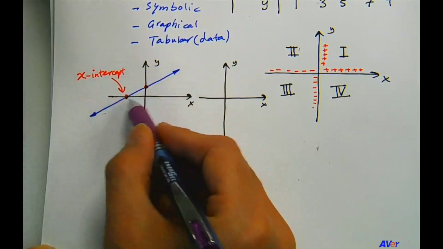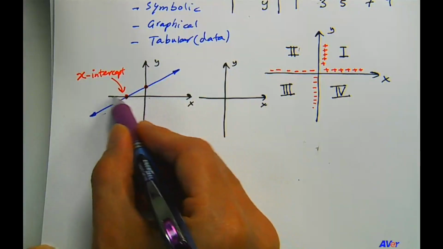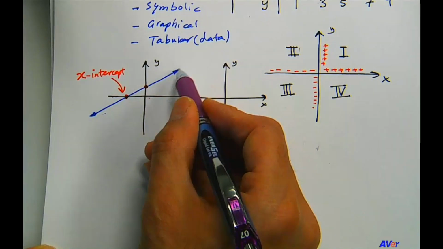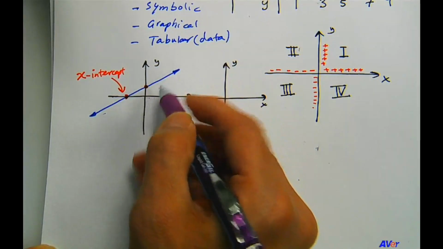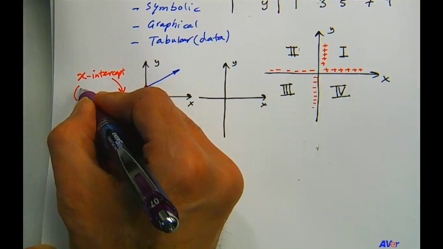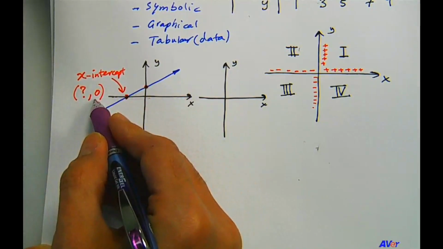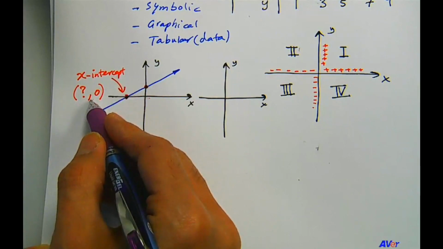For any x-intercept, for any point along the x-axis which happens to be an intersection of a line with that axis, the x value can be determined, but the y value is always 0 for an x-intercept.